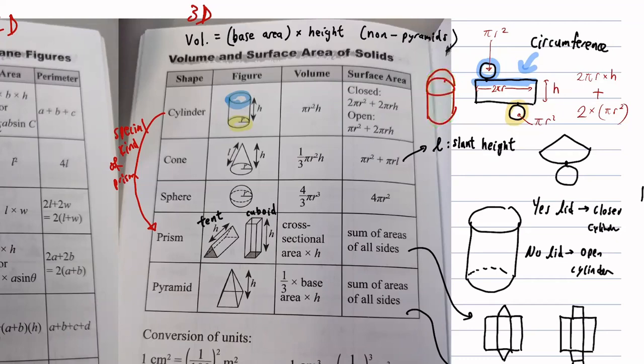If you want to find the total surface area, what would it be? Assuming that this has a radius r, and the height is h.